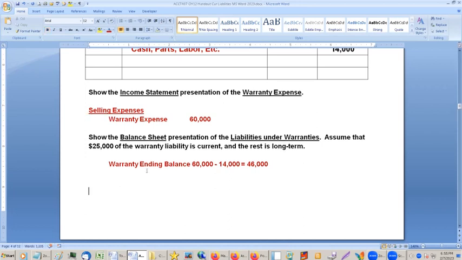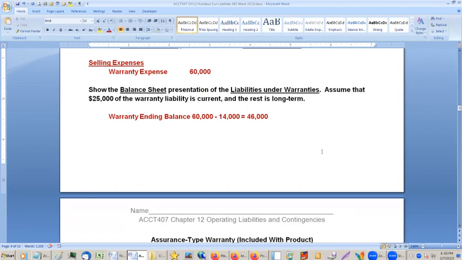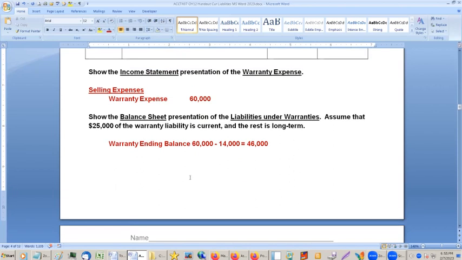So assume that $25,000 of warranty liability is current, the rest is long-term. Okay, so we're gonna have current liabilities is 25,000.